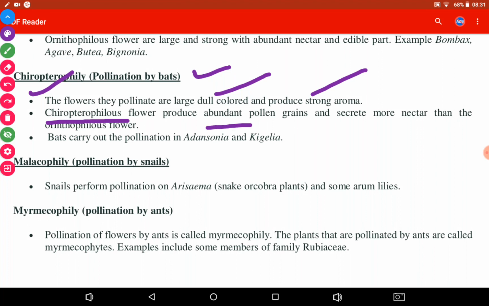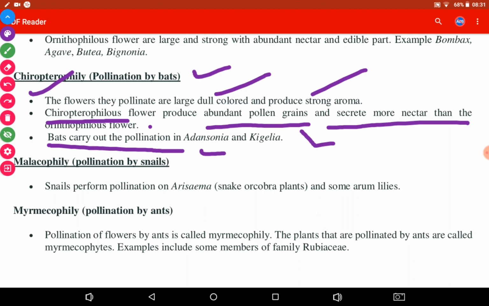Such flowers are large, dull colored, and produce a strong aroma. Chiropterophilous flowers produce abundant pollen grains and secrete more nectar than the ornithophilous flowers, that is, the bird-pollinated flowers; these flowers will produce nectar in much larger quantity. Bats carry out the pollination in Adansonia, the best example of a chiropterophilous flower, and Kigelia.